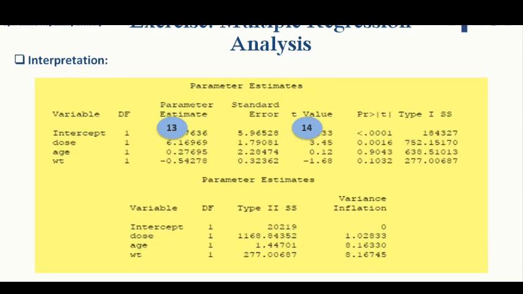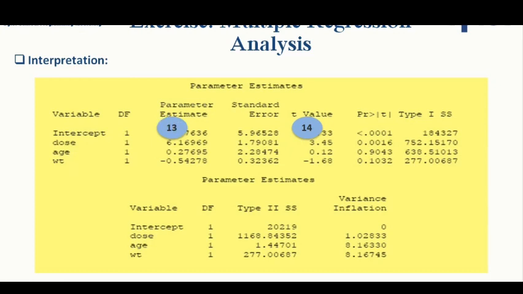So the first model in the SAS program had the intercept, dose, age and weight. So these three variables and the intercept: B0 plus B1 x1 plus B2 x2 plus B3 x3.